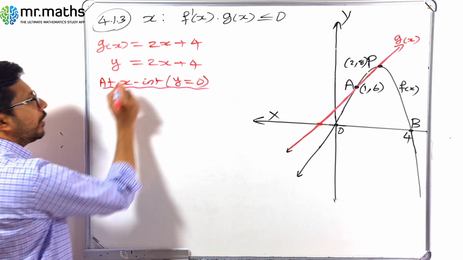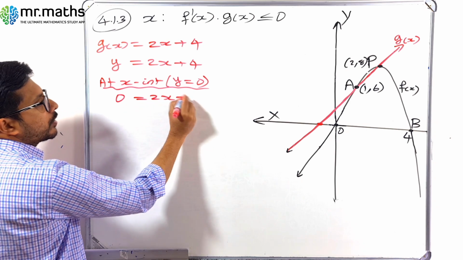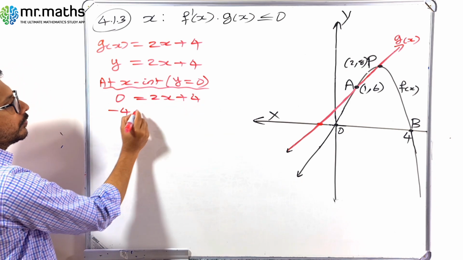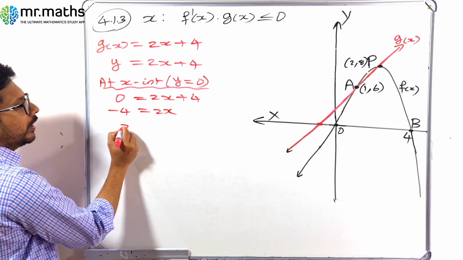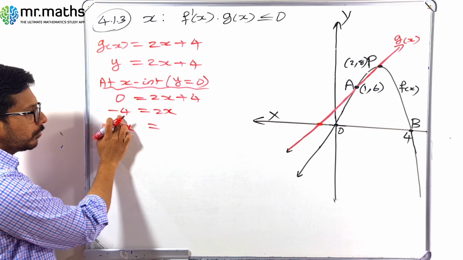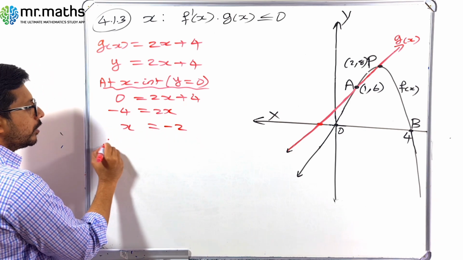So if you substitute the value of y as 0, 0 is equal to 2x plus 4. So take this 4 to this side. So it is minus 4 is equal to 2x, or x is equal to, divide both sides by 2. So minus 4 divided by 2 is minus 2. So what is the coordinate?